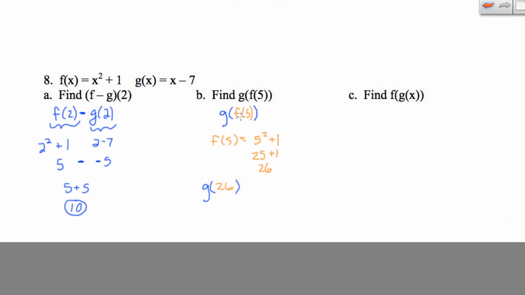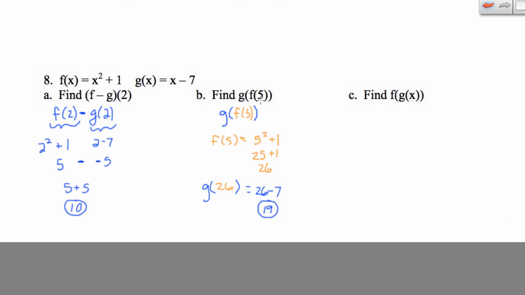I'm just replacing; I know that f of 5 is 26, so I'm replacing that with a 26. So now I'm just going to put that 26 into my g function. And I get 19. So my answer is 19.